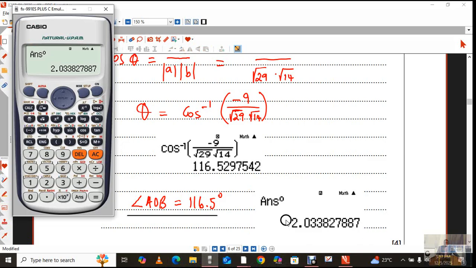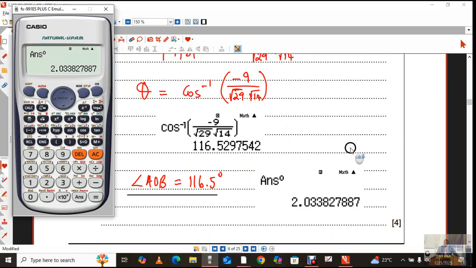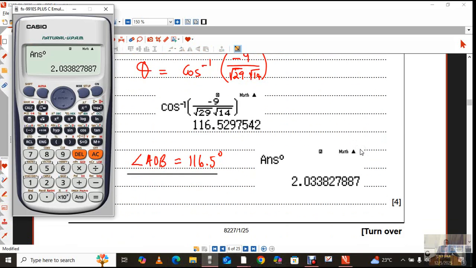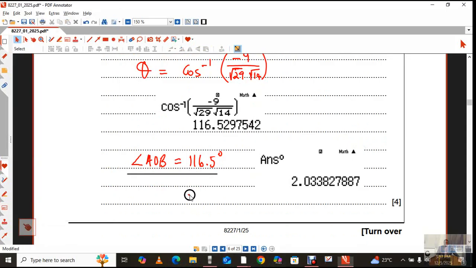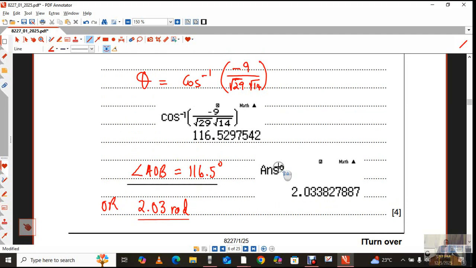You can play around with your calculator in order to give it in radians, and it will also be accepted. In this case, you could also say 2.03 radians. But again, I'm emphasizing this is one of those questions where you leave the answer in degrees.